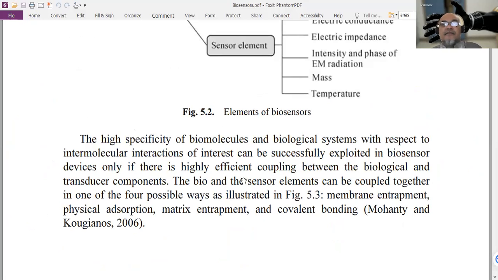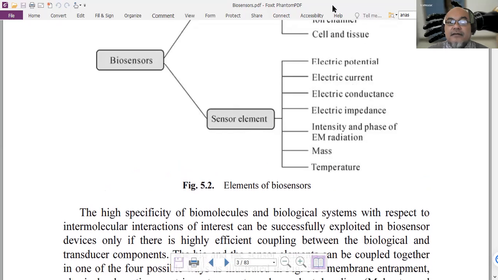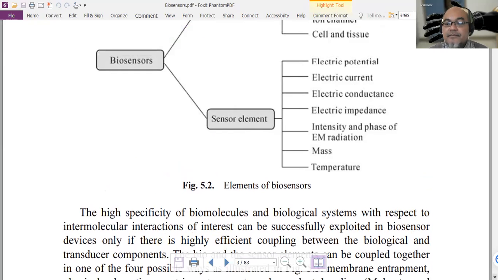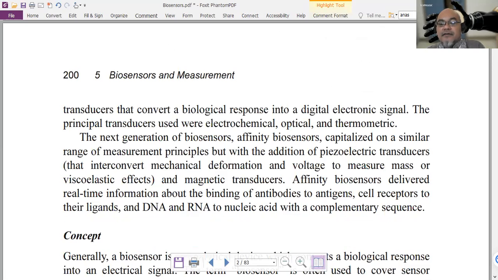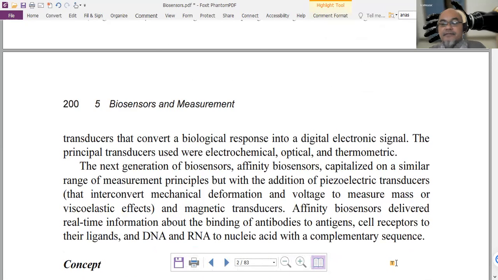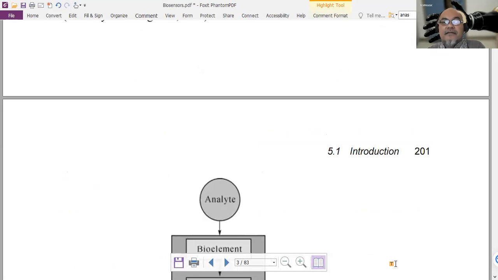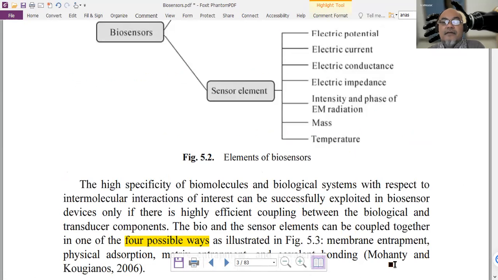Okay, and there are four possible ways of immobilizing the biological element on top of the surface. What are they?